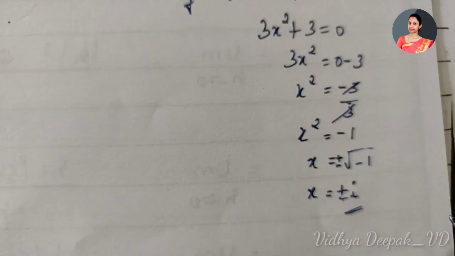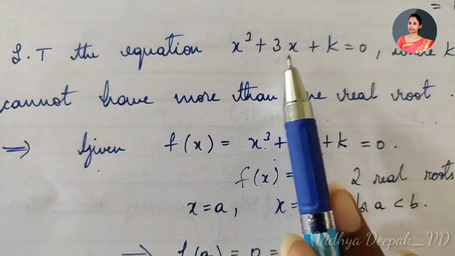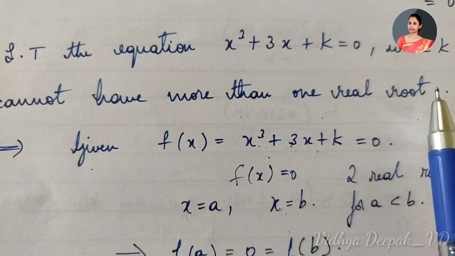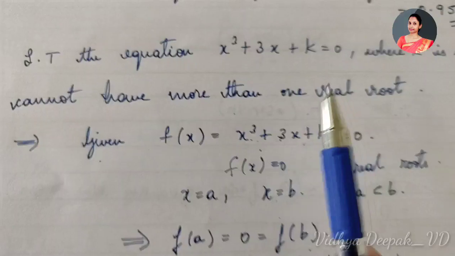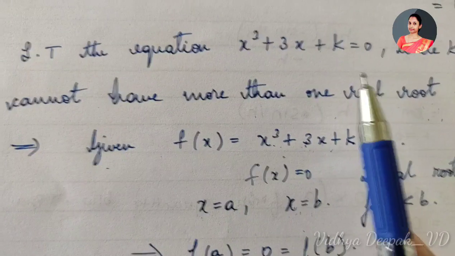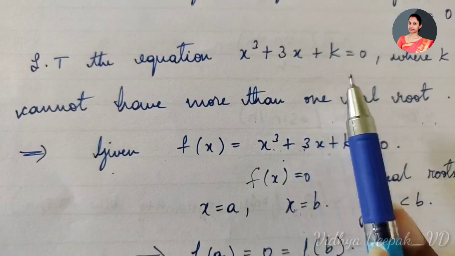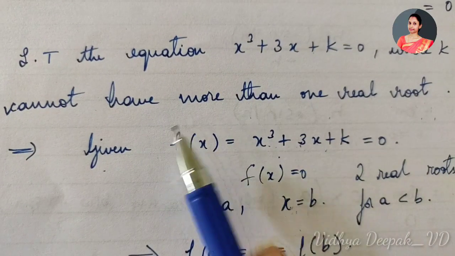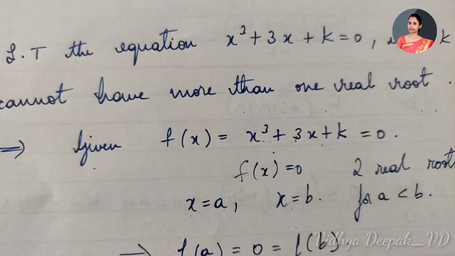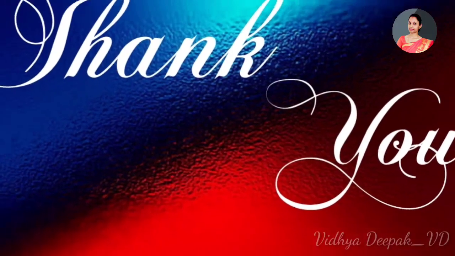That means we can conclude that the given function has only one real root. So the proof is a contradiction to the assumption. Therefore, the given equation has only one real root and cannot have more than one real root. Thank you.